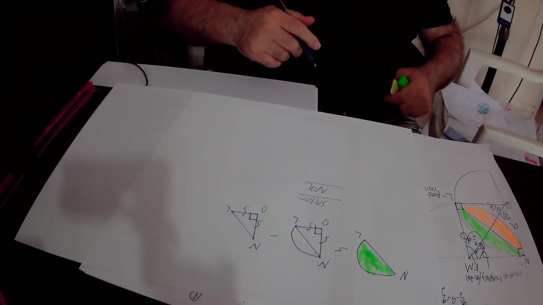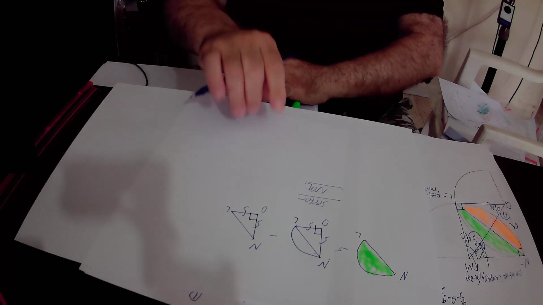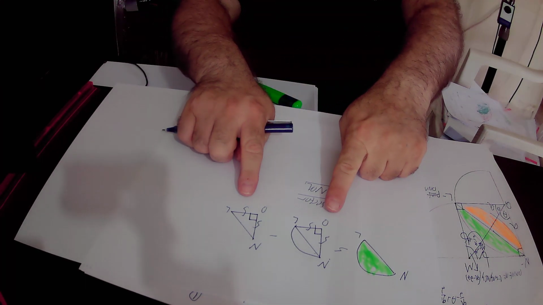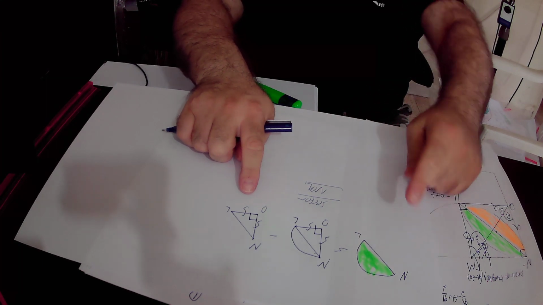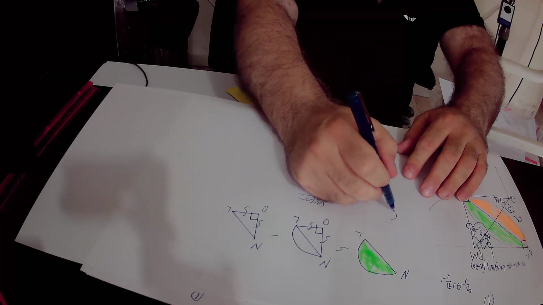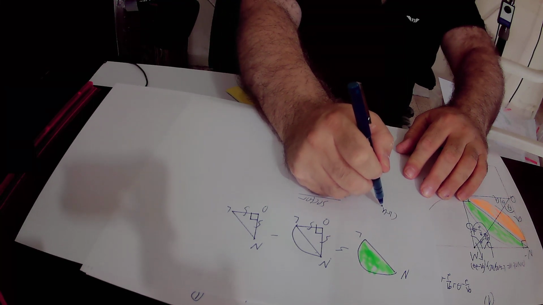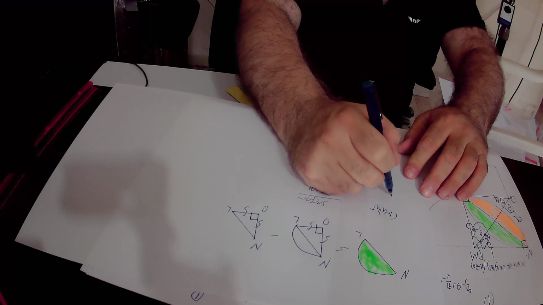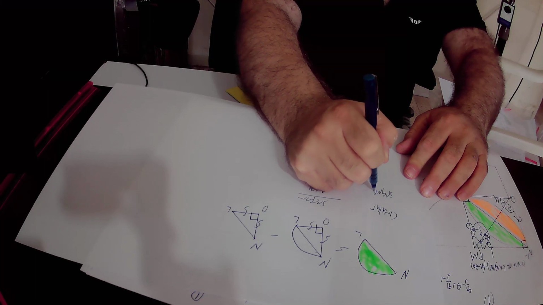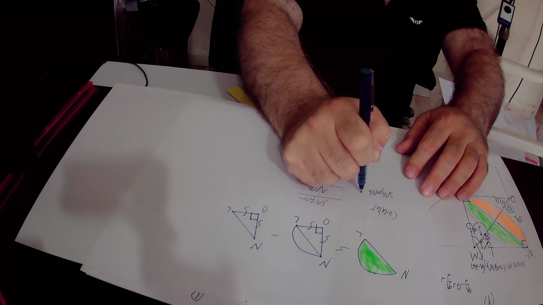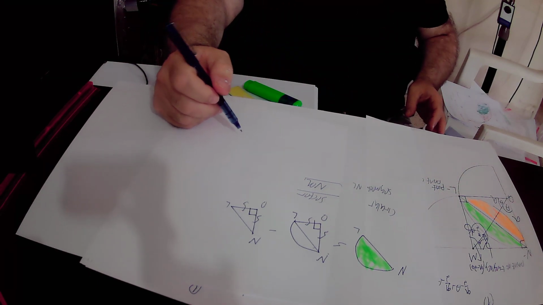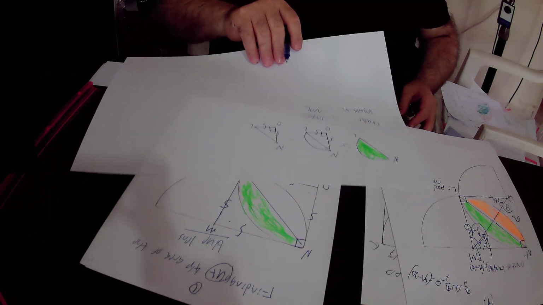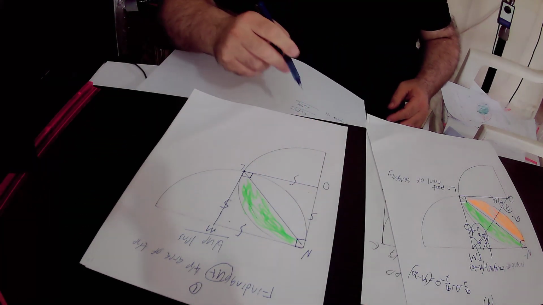Okay, this is triangle NOL. And if you subtract the area of triangle NOL from sector NOL, you will get exactly the area of this upper circular segment. And then we will multiply this area by 2, and this will give us the area of this blue lens.